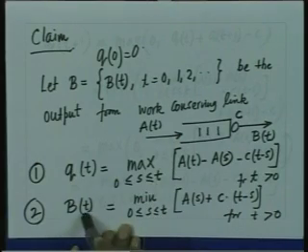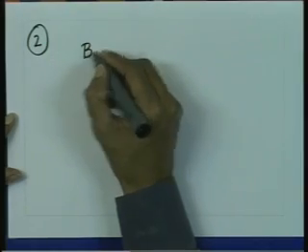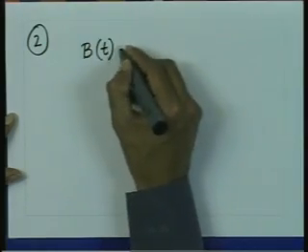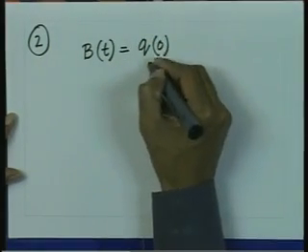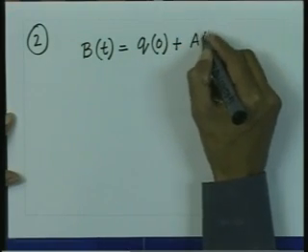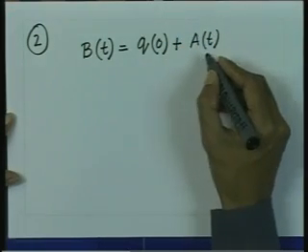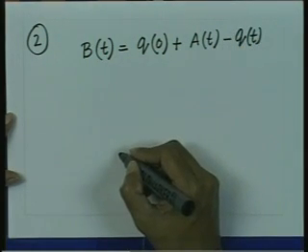Now, let us prove about the b_t. Okay, we try to prove this result about b_t, and so we try to prove claim 2, which says that the departures by the time t is given by the queue length at time 0, the initial queue length, plus a_t, that is the number of arrivals by the time t, minus q_t, which is the queue length at time instant t.